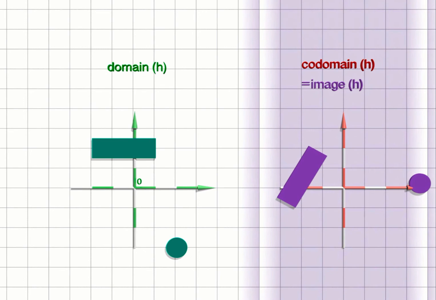Sometimes it is too complicated to keep domain and codomain separated when drawing a function whose graph is not representable. It takes too much room. So what you can often find in textbooks is just a unique coordinate system of two axes, in which people represent both the domain and the codomain of the function. To reproduce that situation, we are going to translate the green coordinate system onto the red coordinate system.